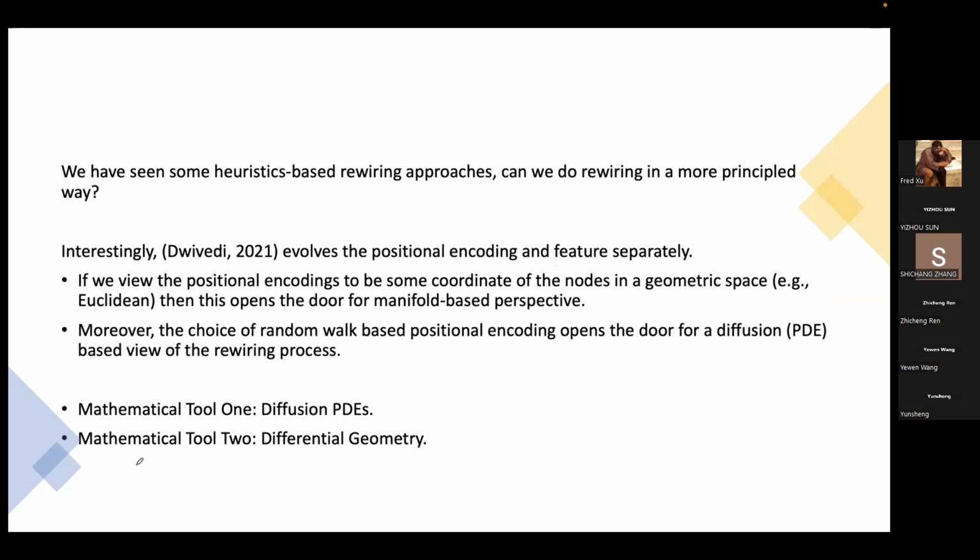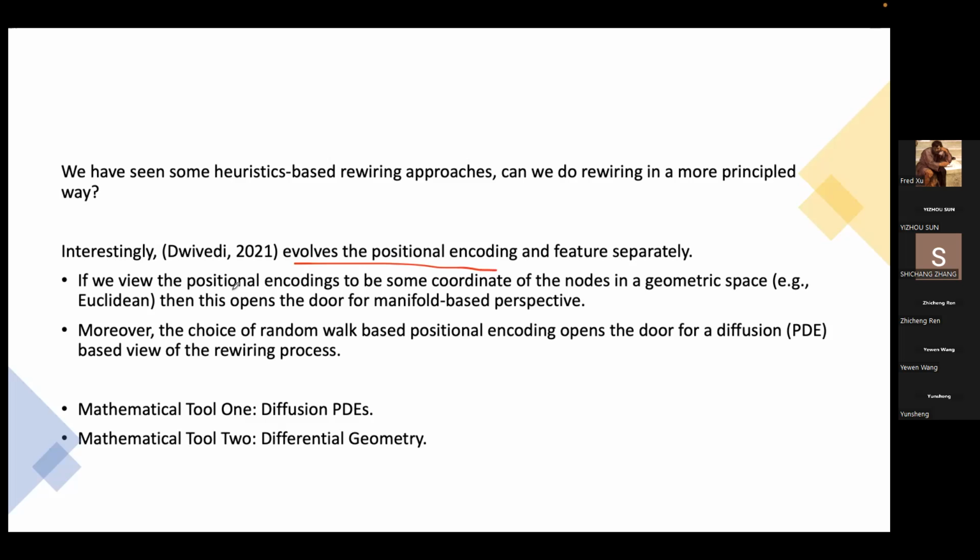Okay, so far we have seen this heuristic-based rewiring approach, right? There is not a lot of theory going on. People just add connections, or they just use full connections and they add positional encodings. What's interesting about the previous paper, which involves the positional encoding, is something Professor Sun mentioned.